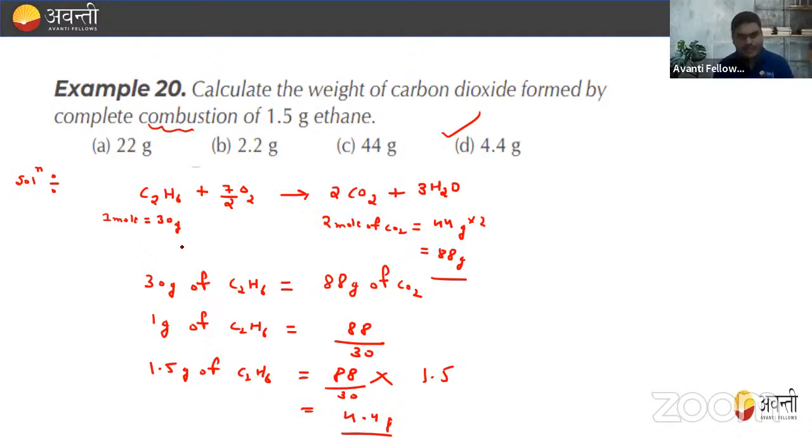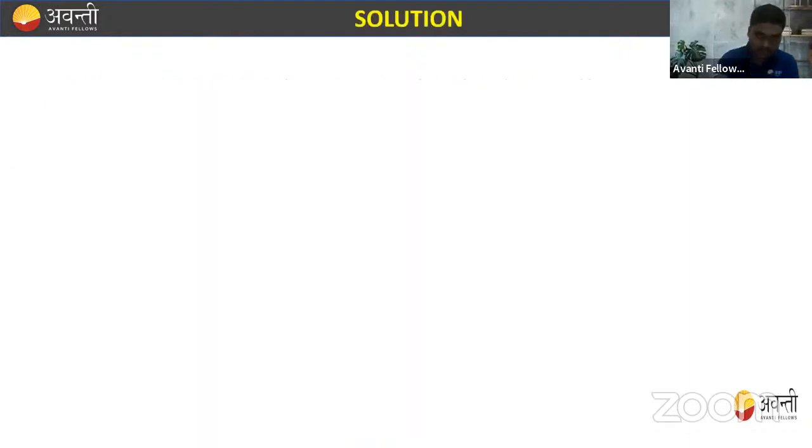Now we convert this mole into gram. 1 mole is equal to 30 gram, so 30 gram of ethane produces 88 gram of CO2, that is 2 mole of CO2. So 1 gram of C2H6 produces 88 upon 30, and similarly 1.5 gram of C2H6 produces this much. This is how we will calculate this.